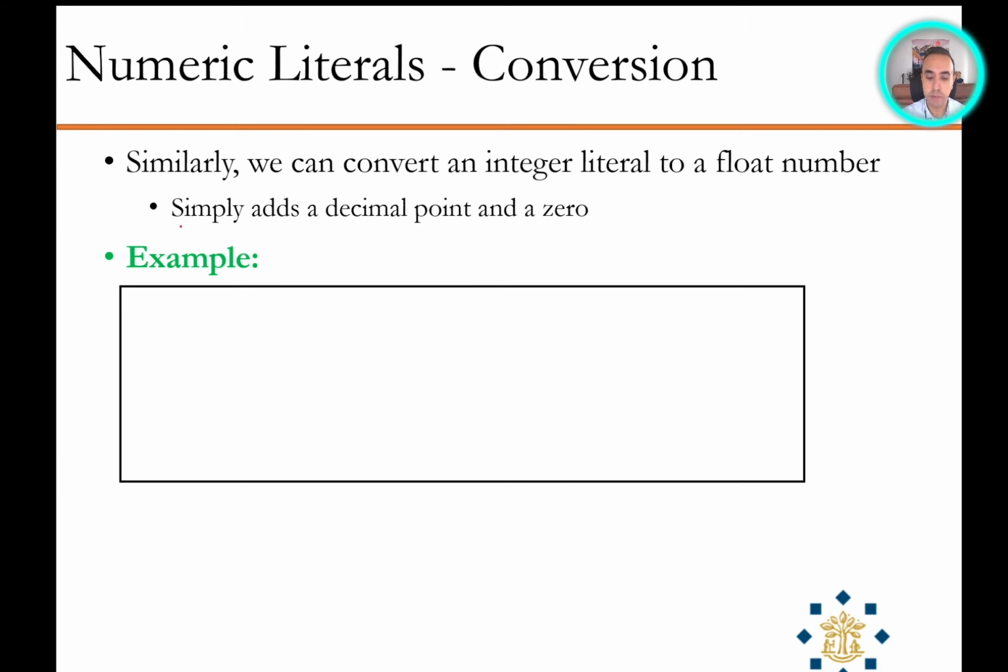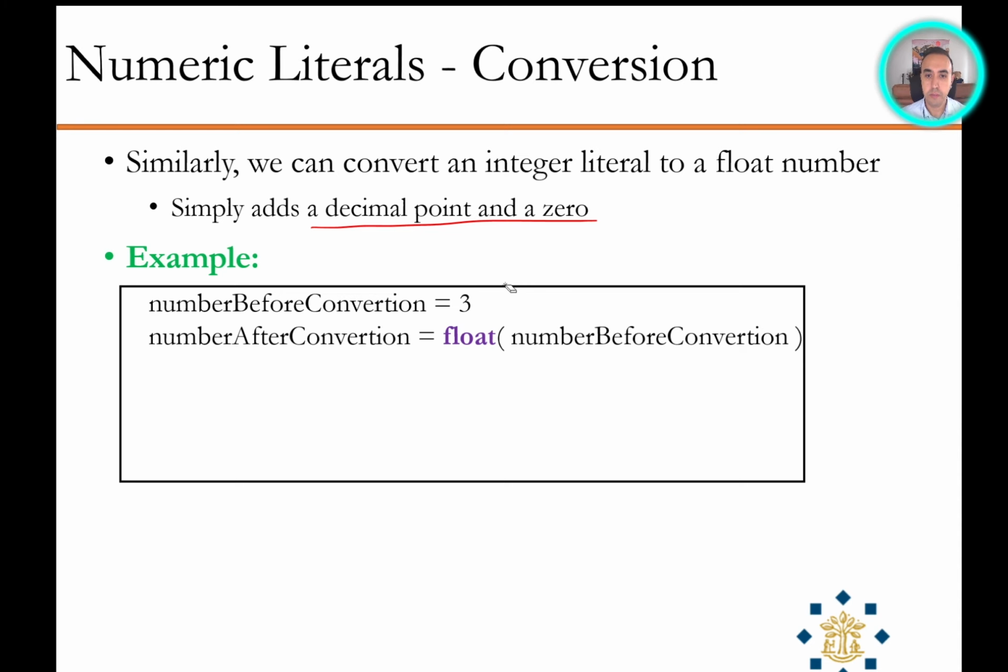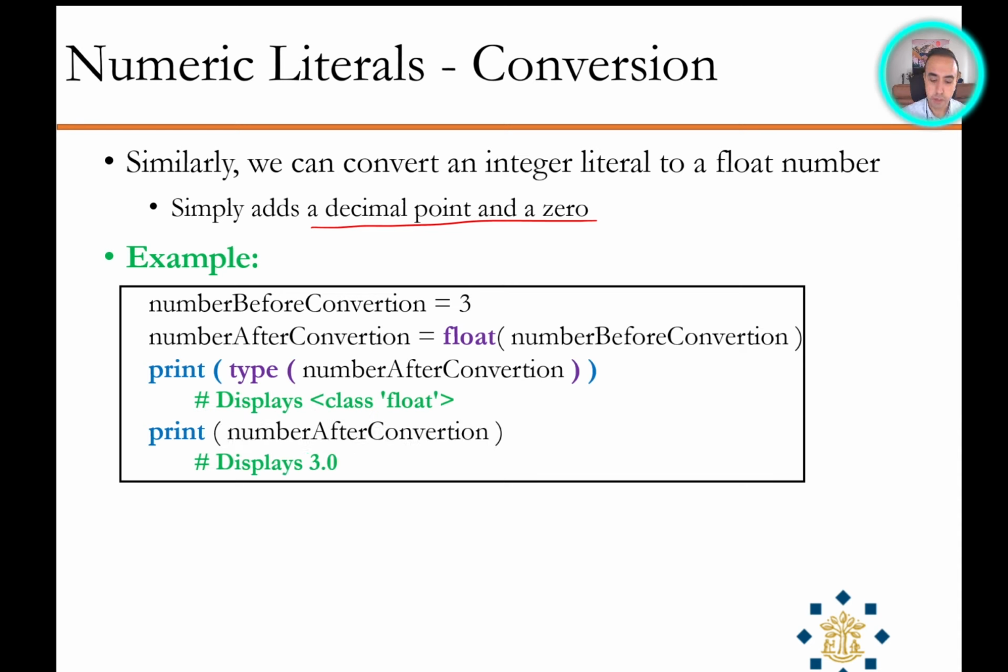What it does is it simply adds a decimal point and a 0. So this was the integer value 3. After the conversion, it'll be 3.0. So you don't lose anything. The class becomes float, and after conversion the number becomes 3.0.